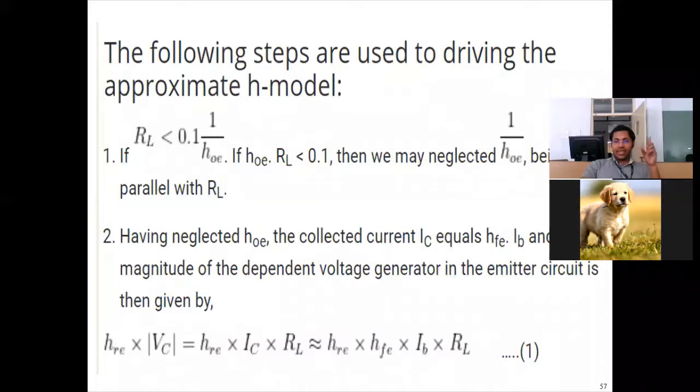First point is this: I can neglect the larger resistance. Second point, when I neglect that larger resistance, I_C is equal to h_fe I_B. Now, let us use this and see further if we will get any more approximations.